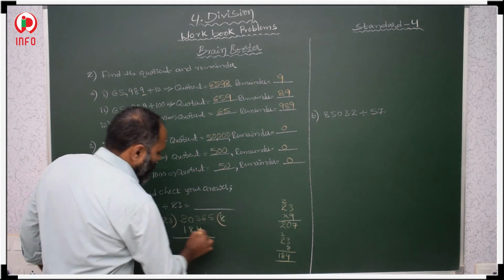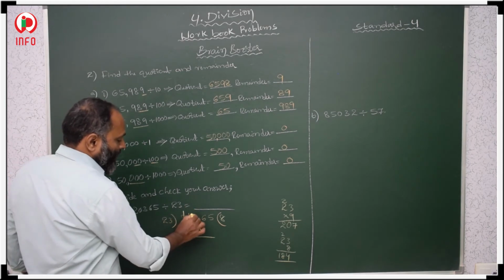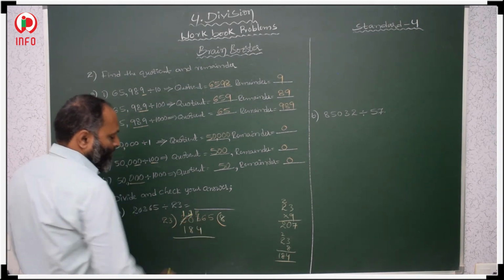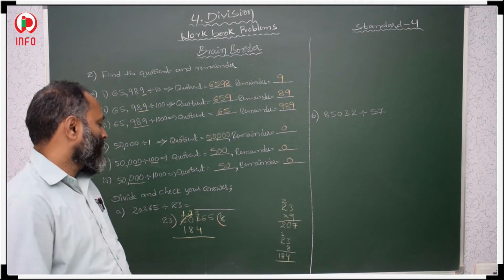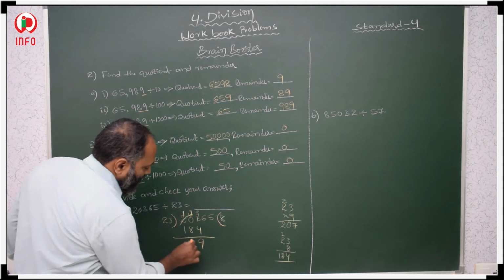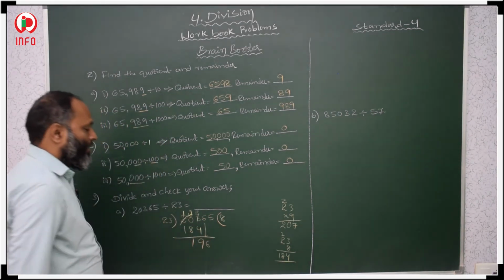23 eights are 184. Now we take borrow from here. So here we will get 1, here we will get 10. Again from borrow here it will get 9, and here we will get 13. 13 minus 4 is how much? 9. 9 minus 8, 1. Again we have to take this 6. 196.